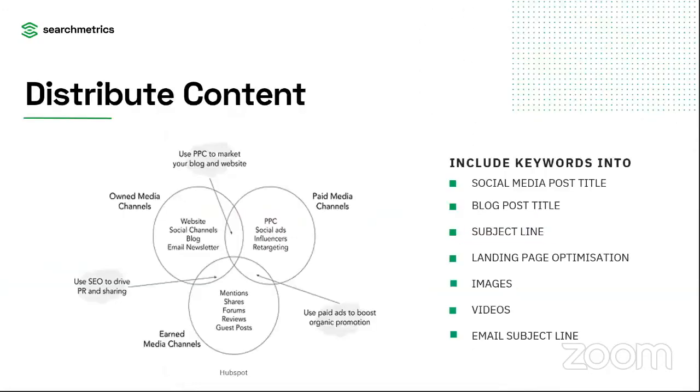And then step 5 is about distributing your content. At that stage, it's really about making sure you distribute your content on the different channels, and the key thing here is to include this keyword in your social media post title, the blog post title, the subject line of your email, and also the image and the video, because when you've picked a specific keyword, you know that there is a search volume, therefore you have to make sure that you use this keyword within different marketing channels.